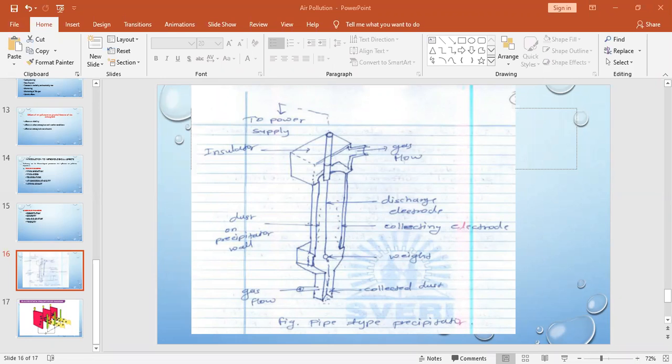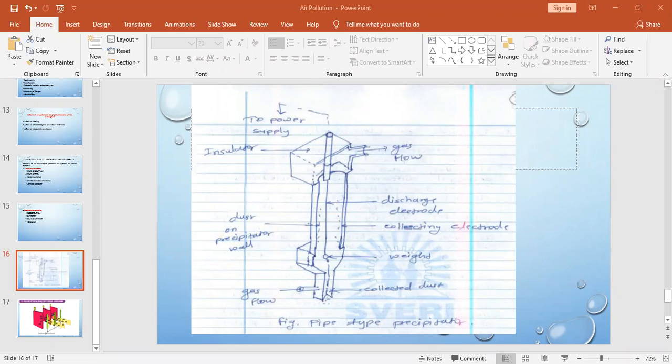Okay, a low pressure drop can be accepted in the electrostatic precipitator. Low maintenance and operating cost. Then handling of large volumes of high temperature gas is possible in the electrostatic precipitator. And one more highlighted advantage I would like to share with you, that is treatment time.